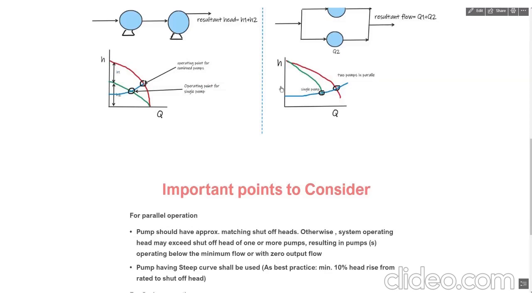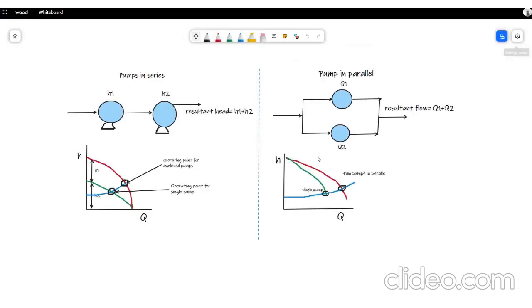It should not be flat and straight, rather it should be steep on the curve, so that it can easily be used for this parallel operation. We can see from here that it should not be like this.